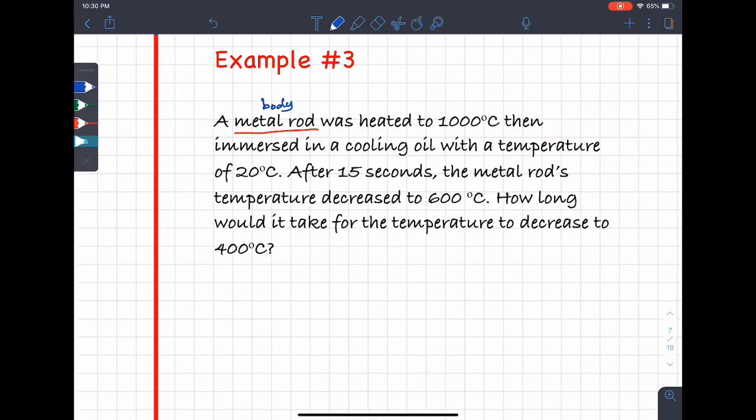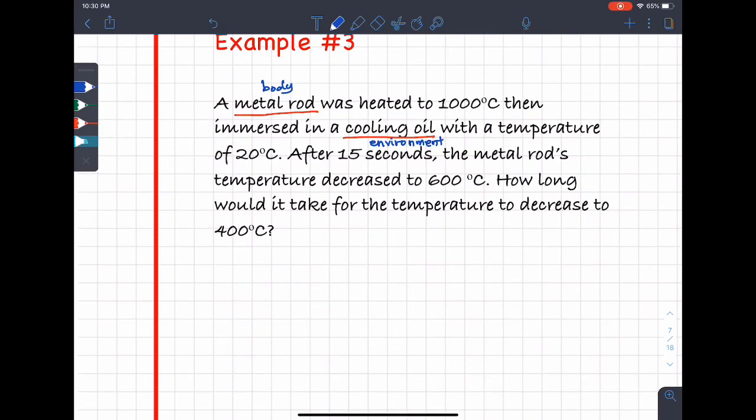And where did we place the rod? Okay. Initially it is heated at 1,000 degrees Celsius, but afterwards it was immersed in a cooling oil. Therefore, the environment where we subjected our metal rod is a cooling oil, and that would be our environment. From here, we can write down our given.